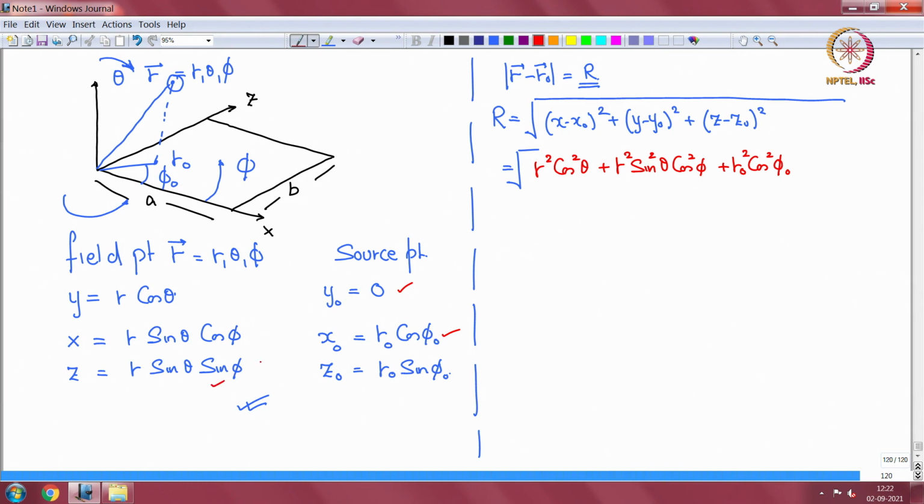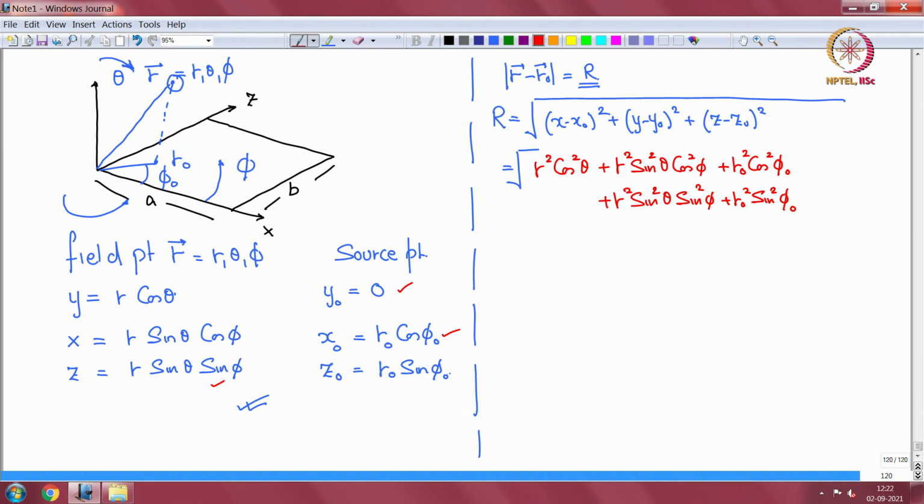From here I'll get plus r square sin square theta sin square phi, from here plus r0 square sin square phi 0.